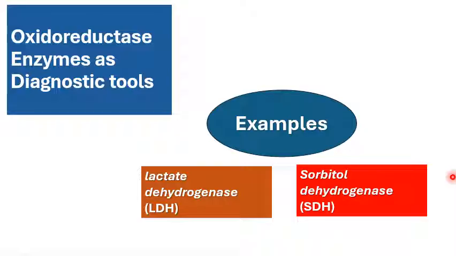These are major cell death in normal and disease settings. Now, for necrosis, which is a cell death, these enzymes are released, and there is an elevated concentration of this enzyme in the plasma.